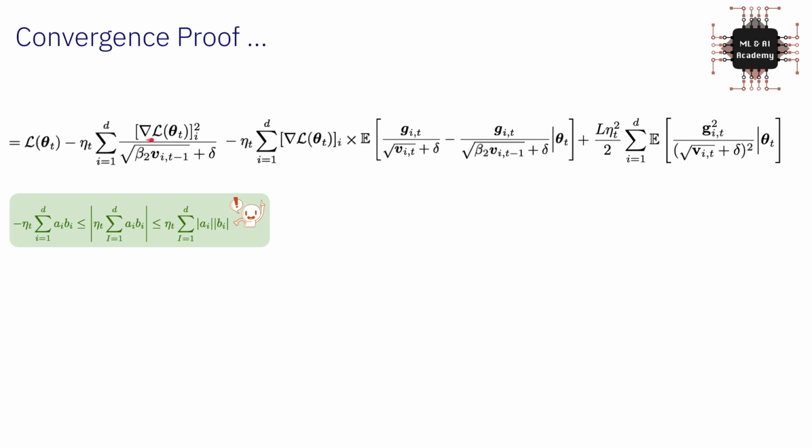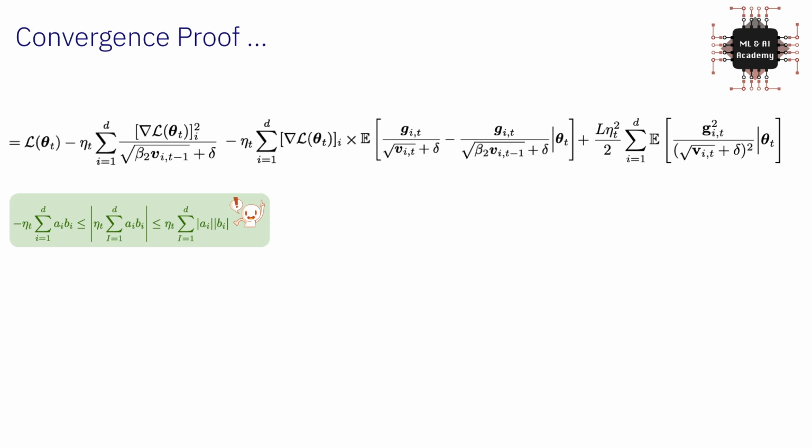I mean, this is great because you see, you got here the gradient of the objective, the ith component squared, which resembles kind of the norm of the gradient, which is good because that's a positive thing. But now what are we going to do with these things here? Because also we would like to bound these such that we get just something in terms of the norm of the gradient, which is a positive thing, and that's good.